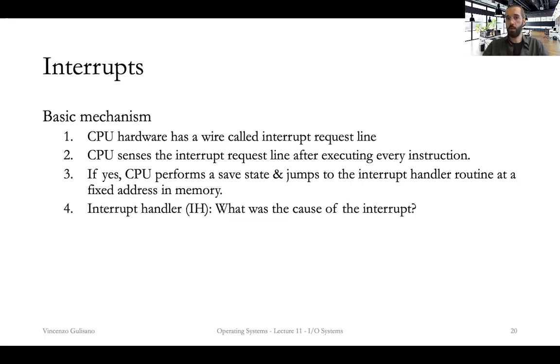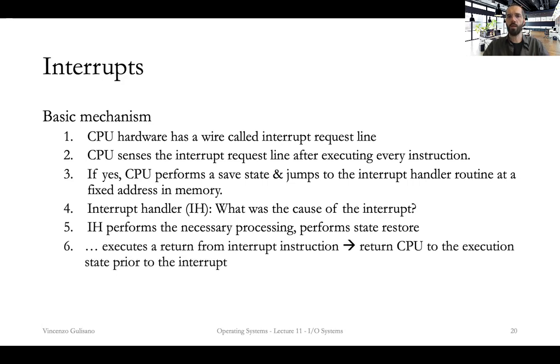So the interrupt handler checks what is the cause of the interrupt. It does the necessary processing, let's say if it's a page fault, to locate the page on disk. And then the CPU can go back to running what it was running before the interrupt.